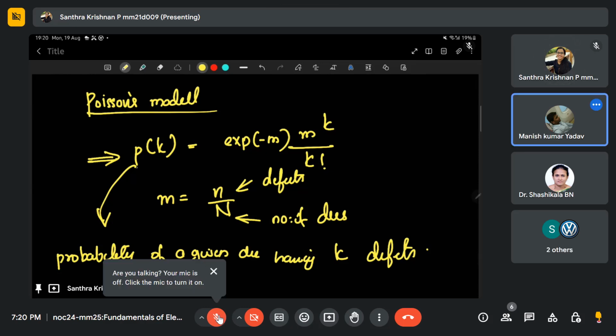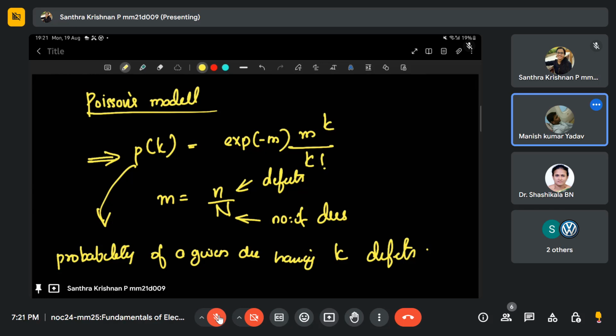So you should remember that P of K, if it is said to be Poisson's model, is exponential of minus m, m power k by k factorial, where m is small n by capital N, n being the number of defects and N the number of dies. So is that clear?